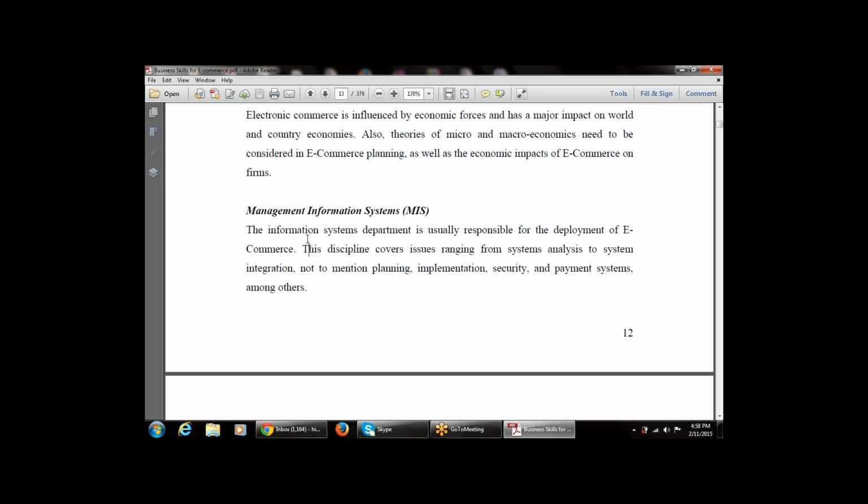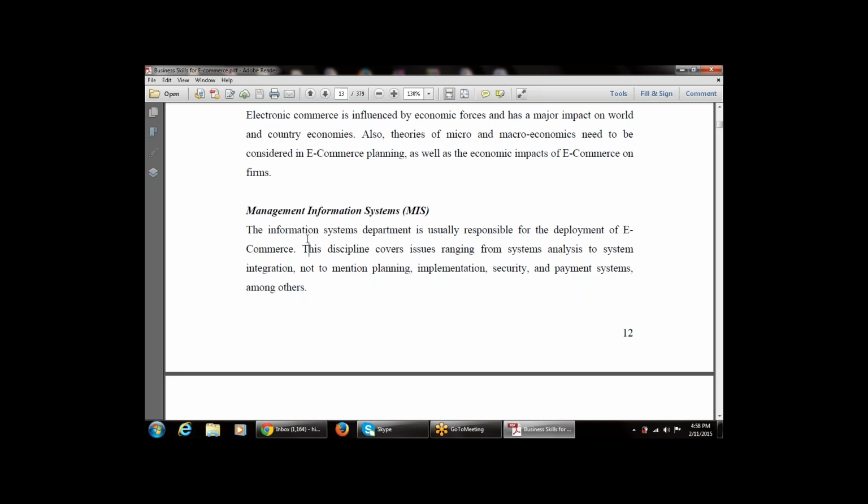So the information systems department is usually responsible for the development of e-commerce. Why? Because the information that we gather is also required for e-commerce, as e-commerce has a requirement in the marketplaces.